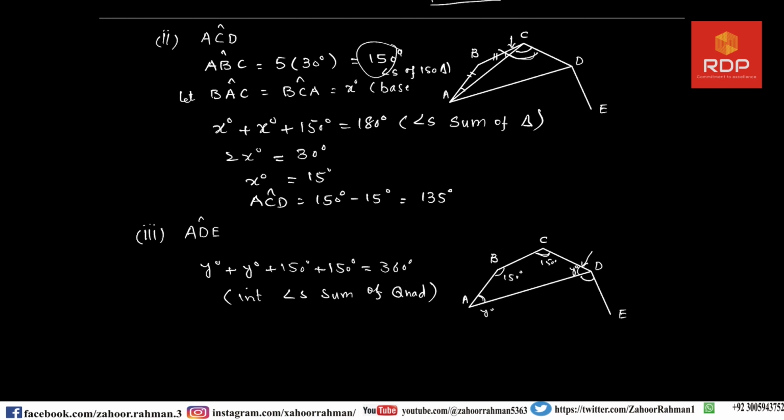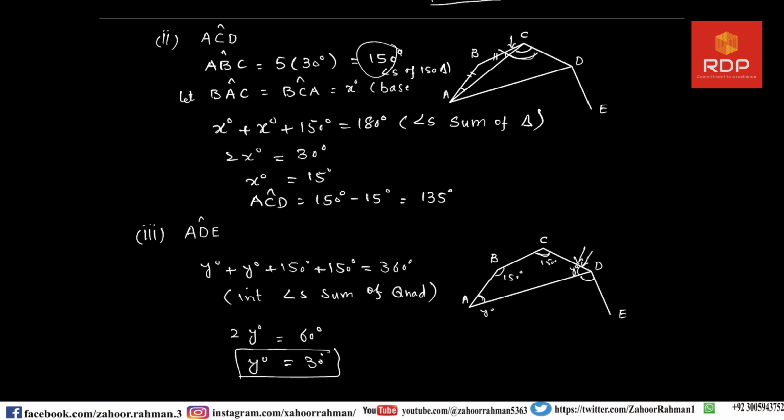So now we can find 2y degree, and when we calculate it, that will be equal to 60, and y degree will be 30 degree. Now we found this value to be 30.